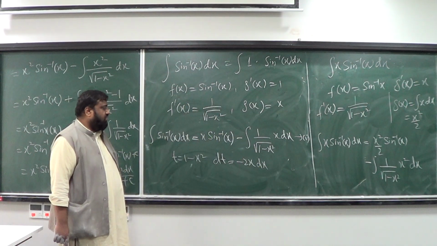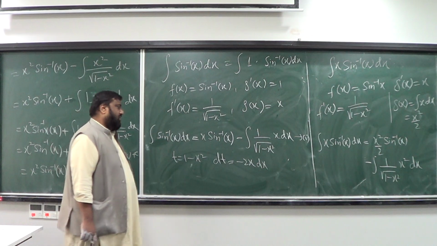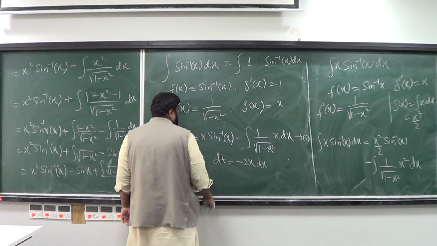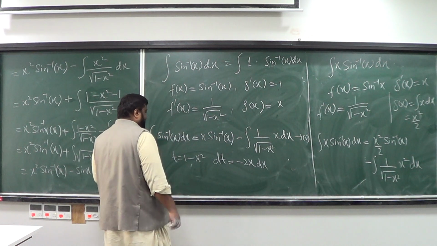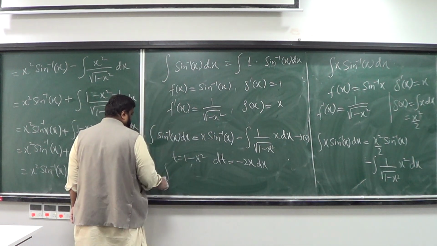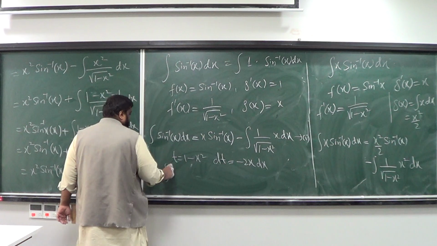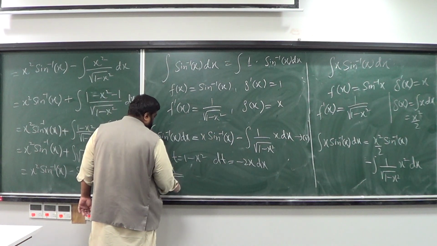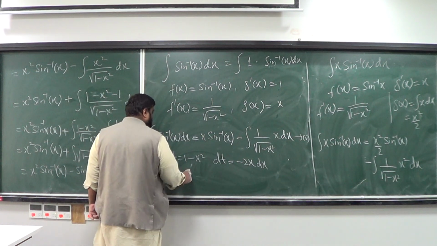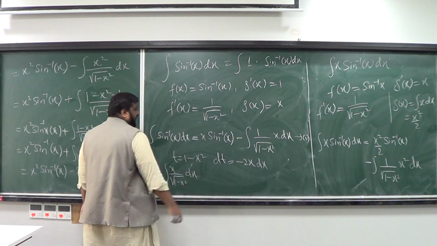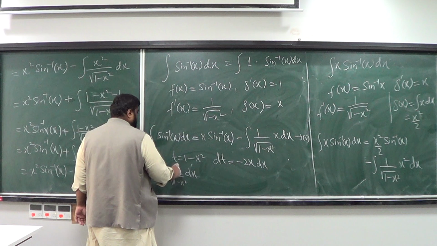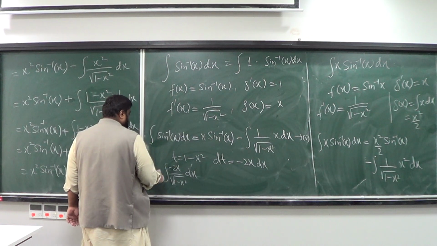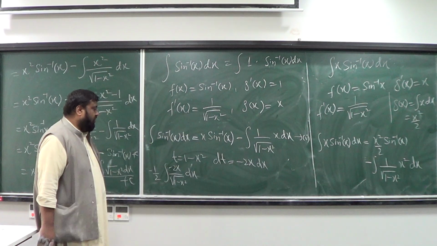This is what it is going to be. So what should I do? In this integral, x over square root of 1 minus x squared dx, if I multiply by negative 2 and divide by negative 2, things will be okay.